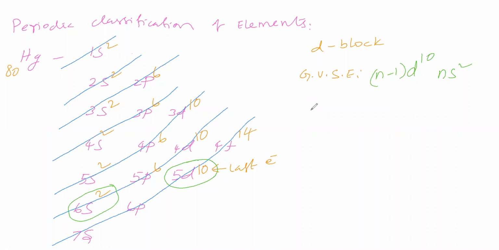One is that the element's valence shell d subshell should be incompletely filled. If the valence shell d subshell is incompletely filled, it is a transition element. Now the valence shell configuration is given, the d subshell is completely filled, therefore it is not a transition element as per this definition.